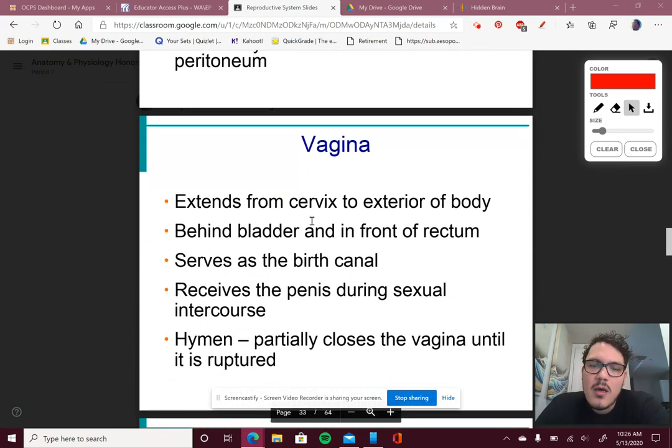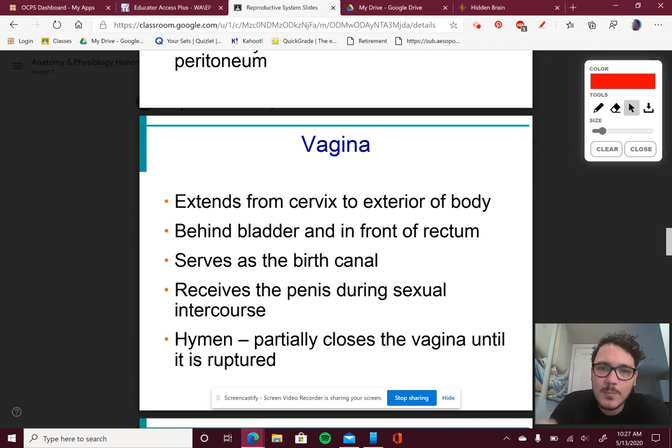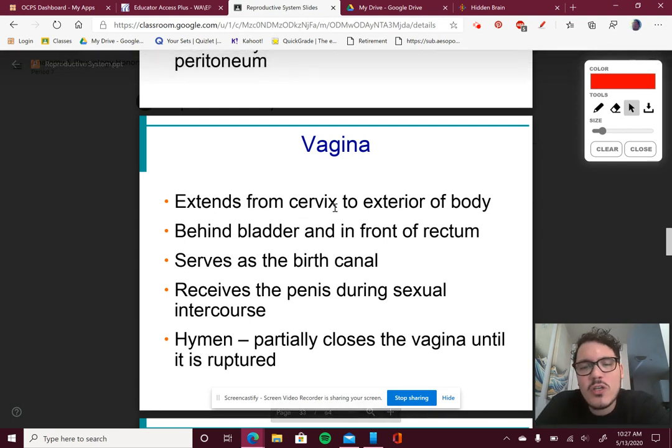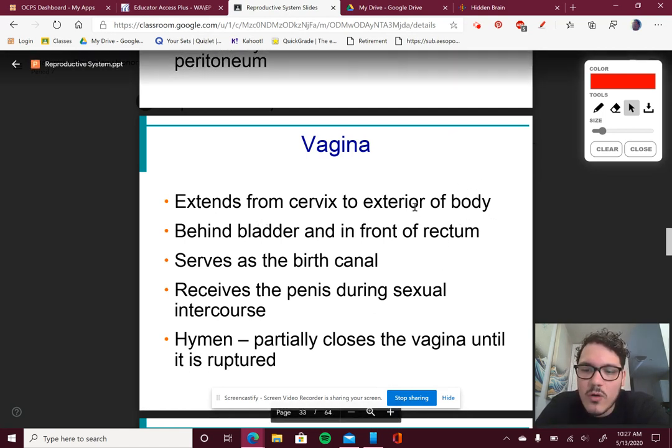Okay, finally, we're reaching the end, or the beginning, should we say, of all these female reproductive structures. The vagina, also known as the vaginal canal, or the birth canal. The vagina extends from the cervix to the exterior of the body. It is behind the bladder and in front of the rectum, so similar to the womb, as we've seen before in other pictures.